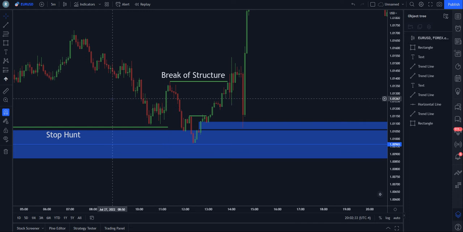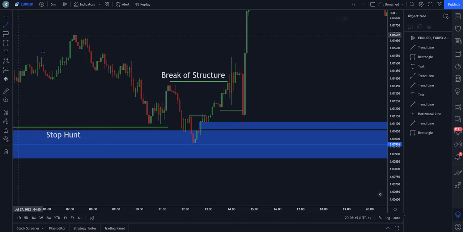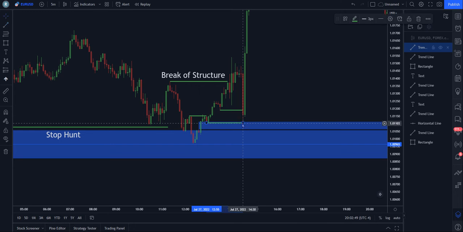So you could potentially count this as liquidity because it is a low. Even this as a low. And of course, I would pay attention to that since it's right overlapping with this gap.